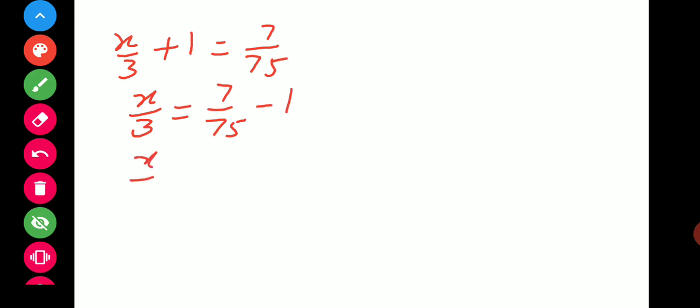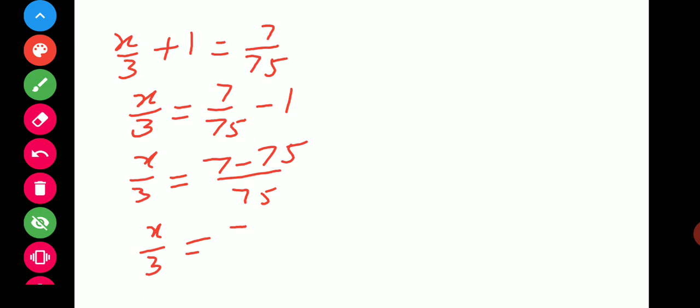Taking their LCM is 75, so we get 7 minus 75. So x by 3 is equal to 75 minus and plus 7. How much? It is 68 with minus sign upon 75.